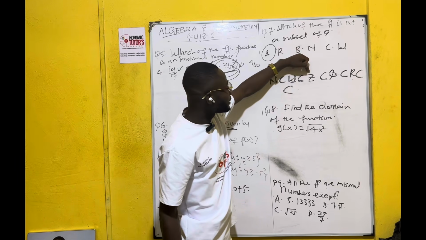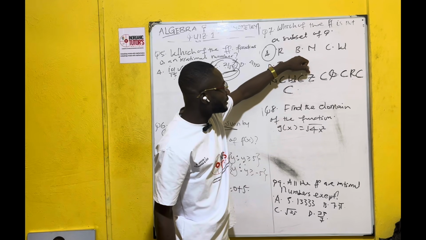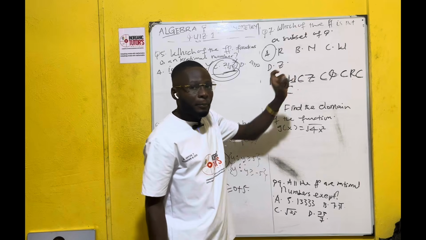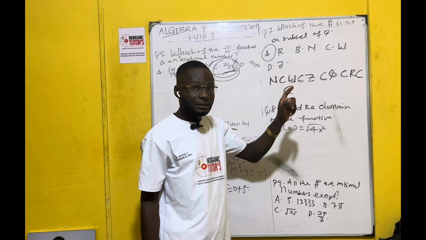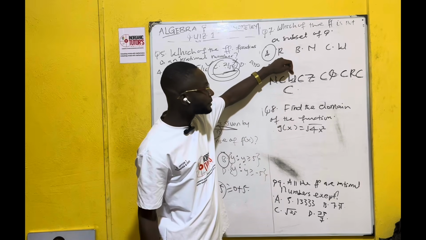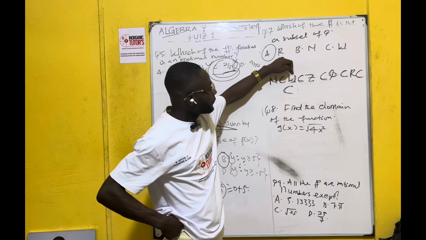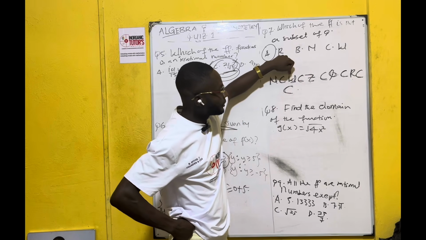Remember, integers are positive and negative whole numbers, right? Positive and negative whole numbers. But then whole numbers can be obtained in this, but not this in that.